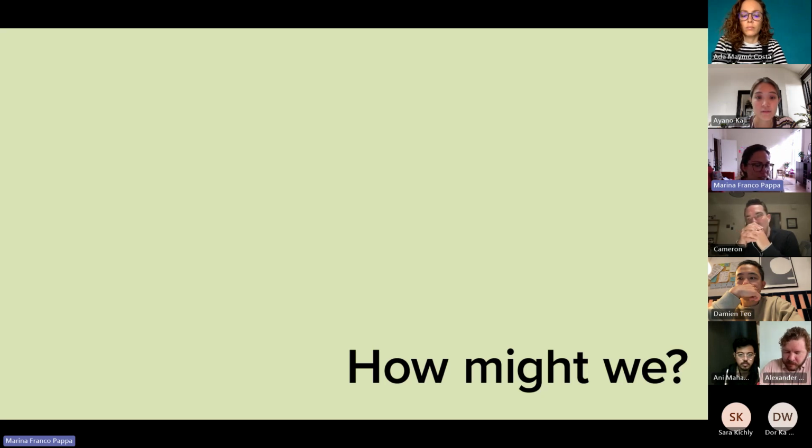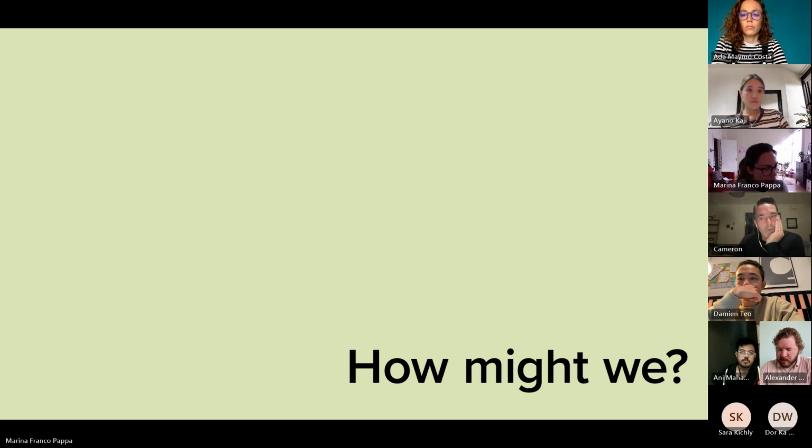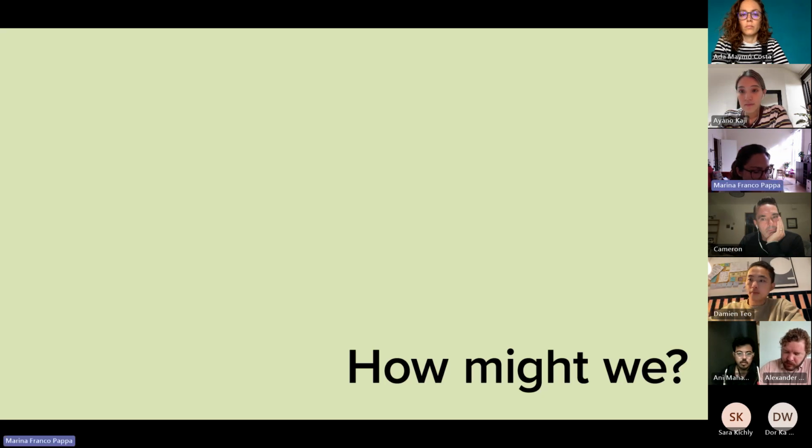The other thing I'm seeing is transition design coming into my project, as a way to look at the how might we question. I left the workshop and the result was that we decided that what we really want as a community is a space to gather. We don't have a community center anymore.